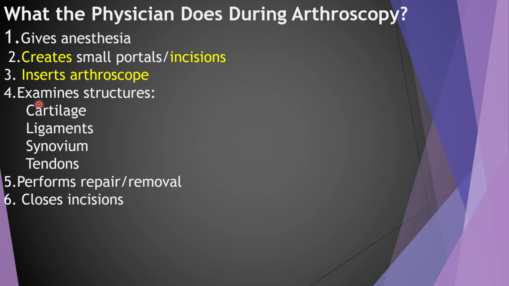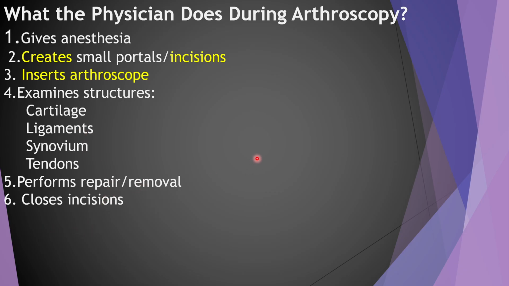What are the structures? That may be the cartilage, ligament, synovium, tendons. After that, if there are problems in those structures, he will perform the repair, removal, or reconstruction procedures, and then he will close the incision.